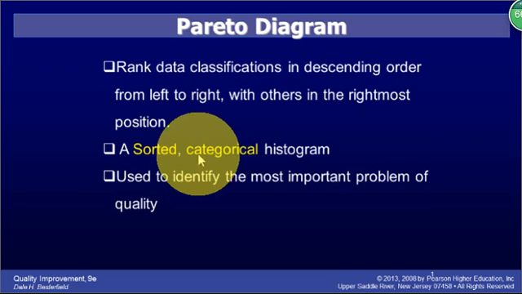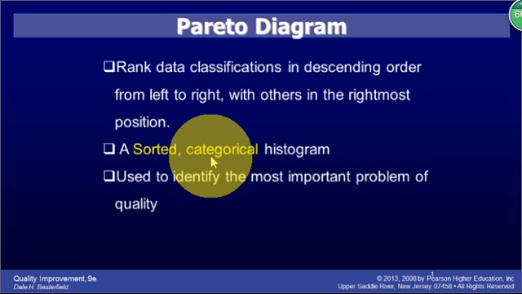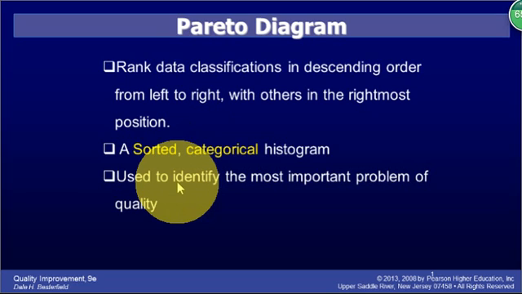It is sorted because the classes need to be in descending order of their frequency, and it is categorical because each class must be a description of the problem of the quality or the reason of failure. So the Pareto diagram is used to identify the most important problem of quality.